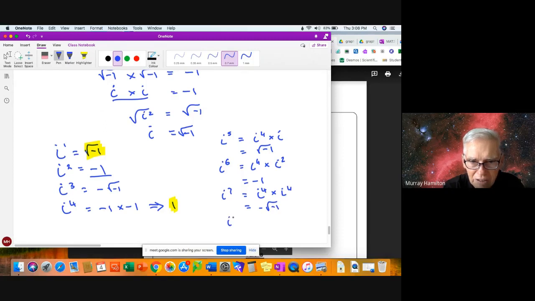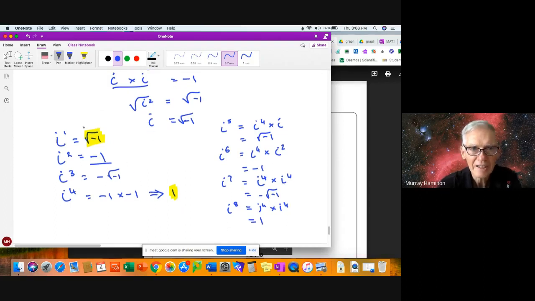And i to the power of 8 is going to be i to the power of 4 times i to the power of 4, which equals positive 1. So there are only 4 answers when you do i to the power of anything. And these are the 4 answers.